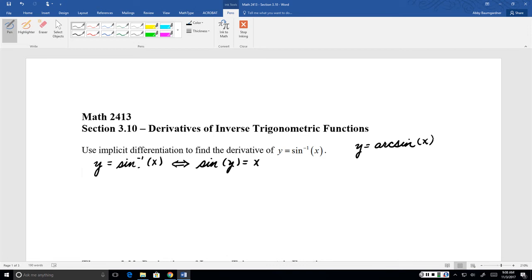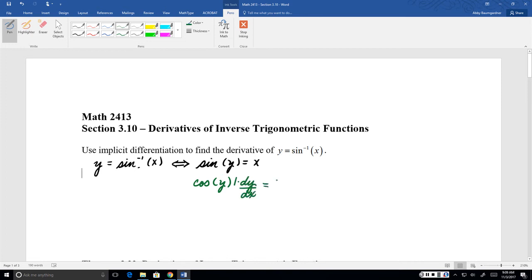But more importantly, this statement is equivalent to this one, and that's good because I know how to find the derivative of sine of y equals x. I can use implicit differentiation. So we know the derivative of sine is cosine. Then we come back and take the derivative inside. The derivative of y is 1, but I just took the derivative of a y, so I'll put dy dx.